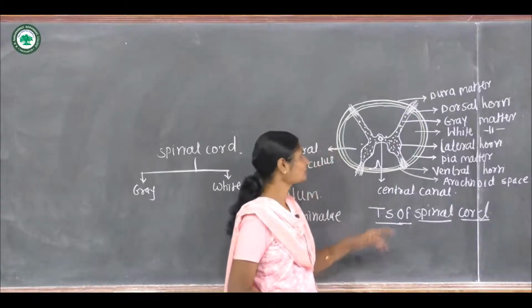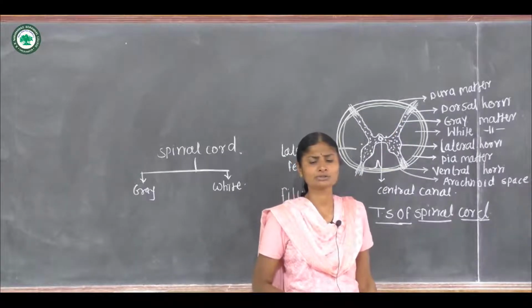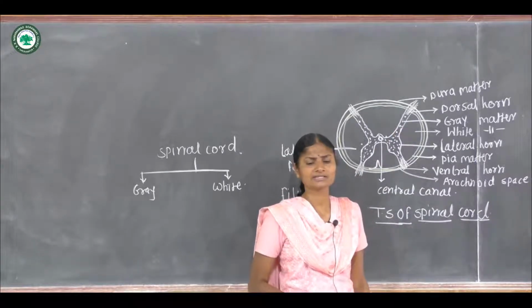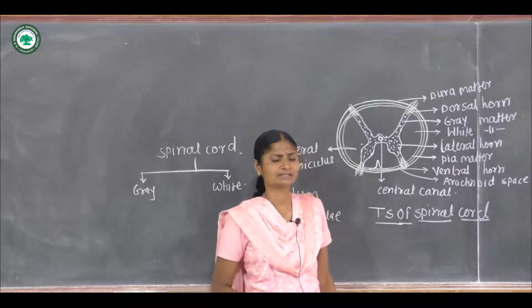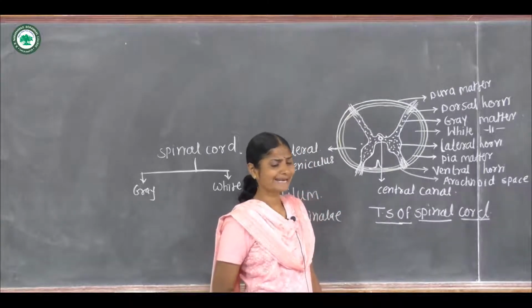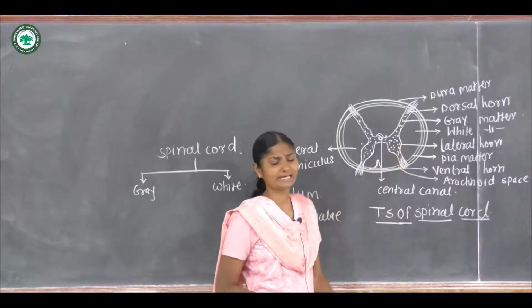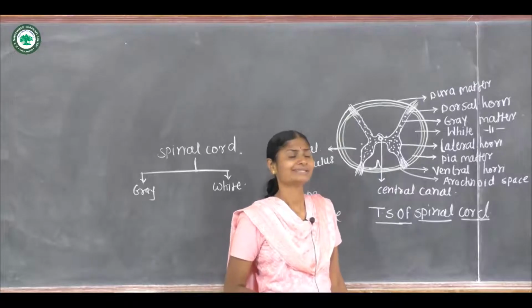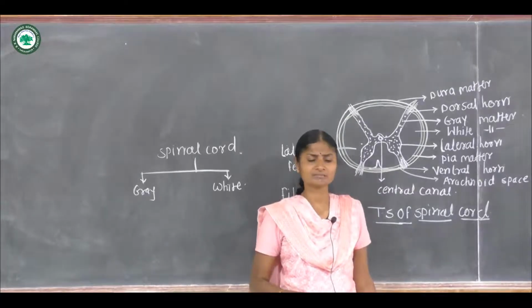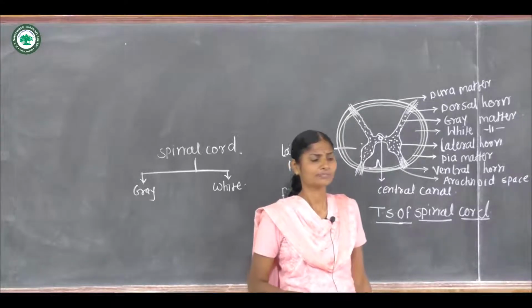Next part is white matter, and this white matter also contains glial cells, but primarily axon tracts are present, and this white matter is mainly made up of axons. These axons form pathways that connect the brain with the rest of the body.